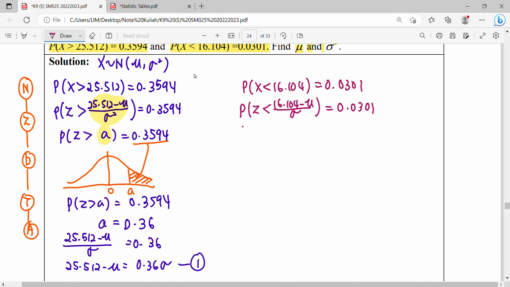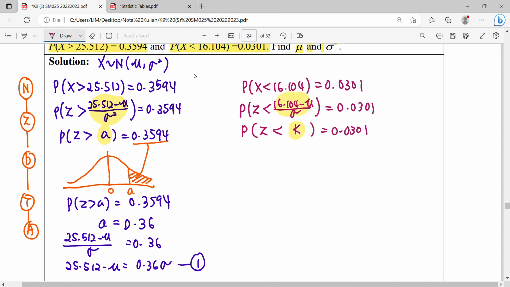Then to write it, to make it easier, let me call it K. Otherwise I would have to write it repeatedly many times. So to make writing easier, I make this equal to K.